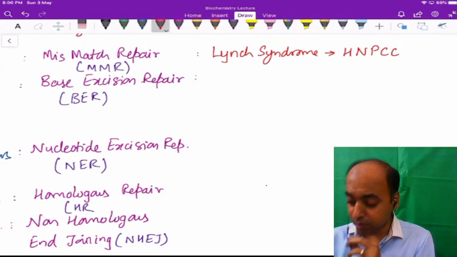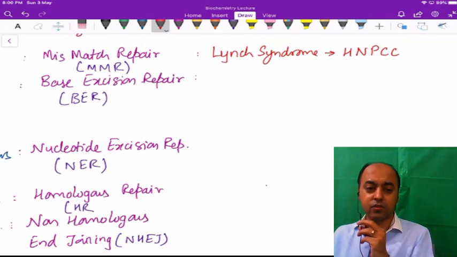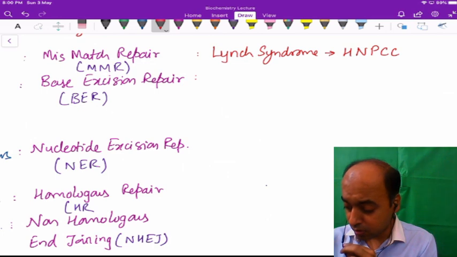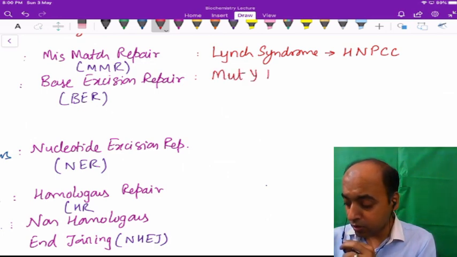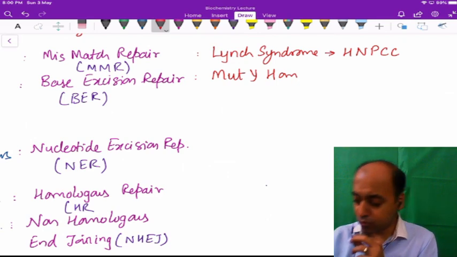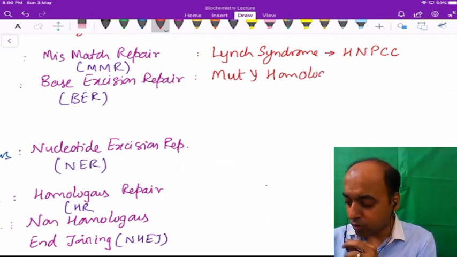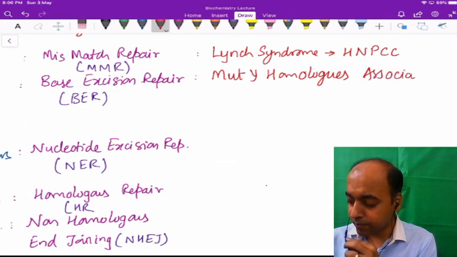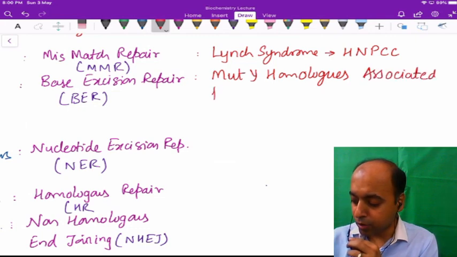Now, the base excision repair, when it is defective, causes a condition called MUTYH-associated polyposis.